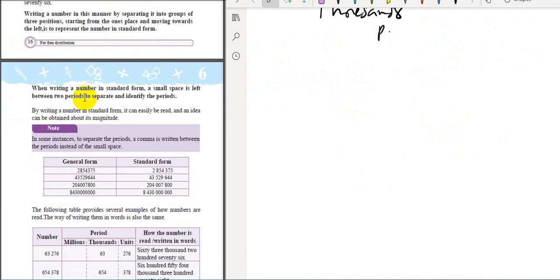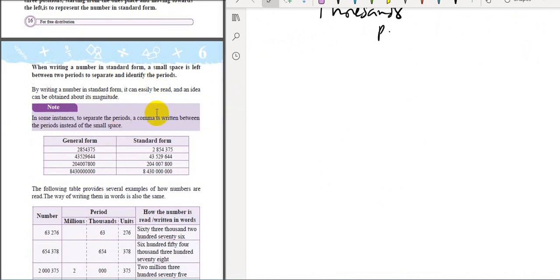When writing a number in standard form, a small space is left between two periods to identify the periods very easily.